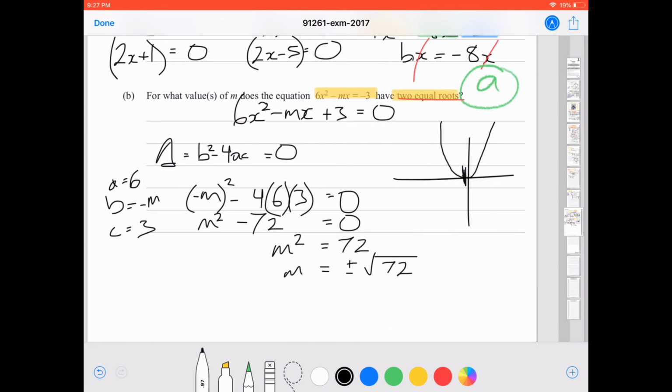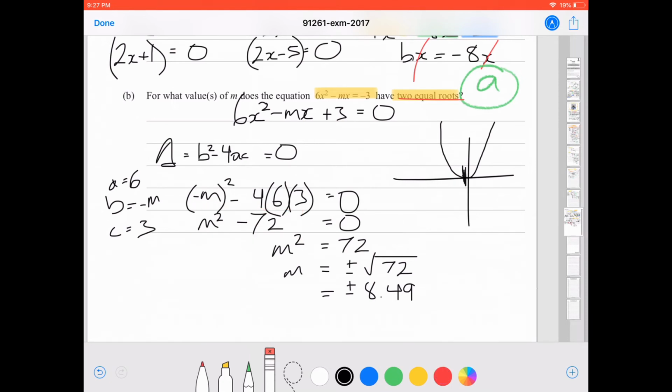And what is that? 72, 6 root 2, so 8.49. Plus or minus 8.49 here. By the way, at this step, you could factorize and say difference between squares and go m plus the root of 72 and m minus the root of 72.